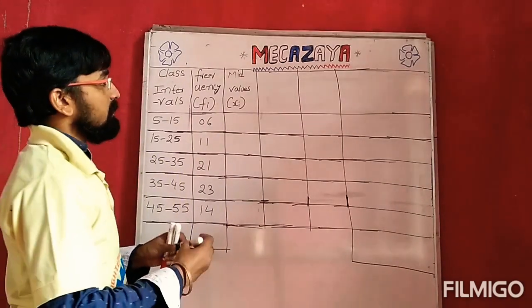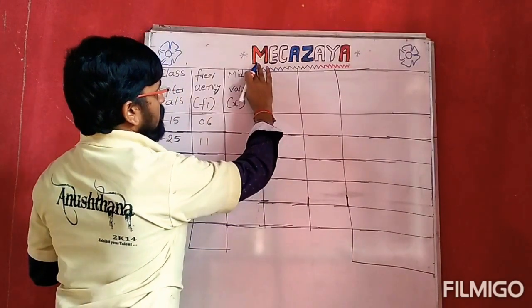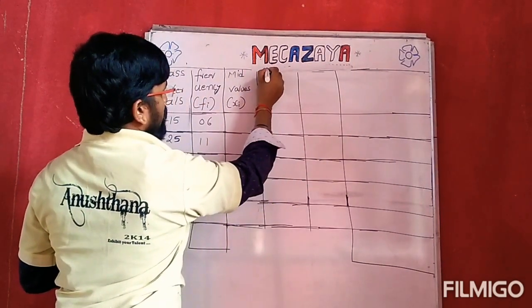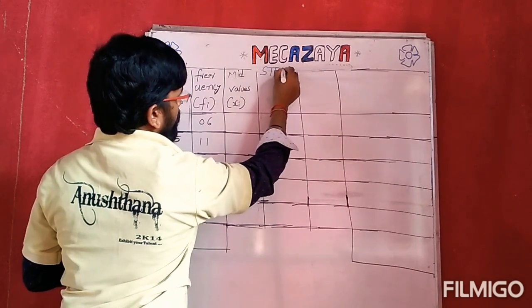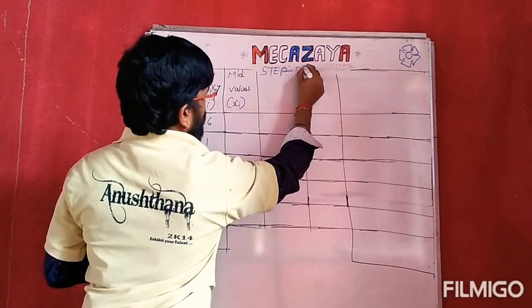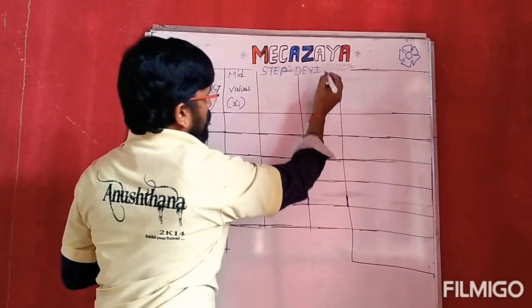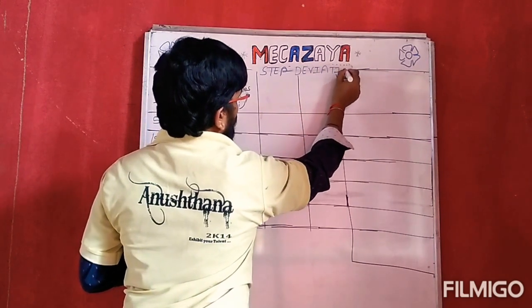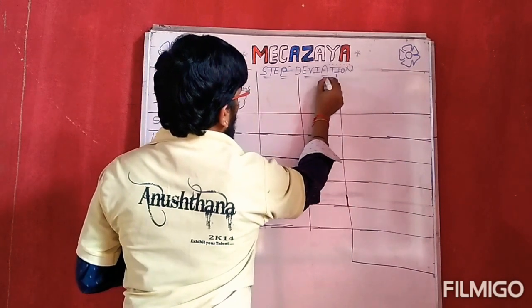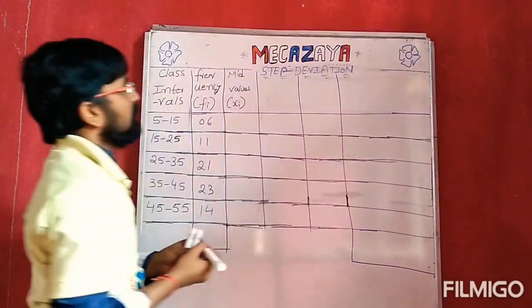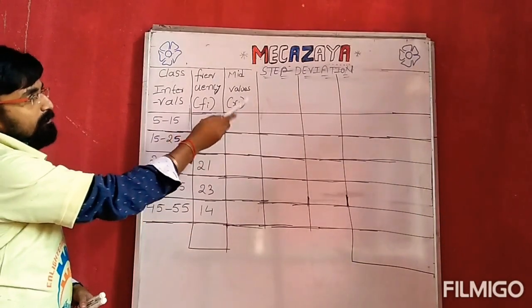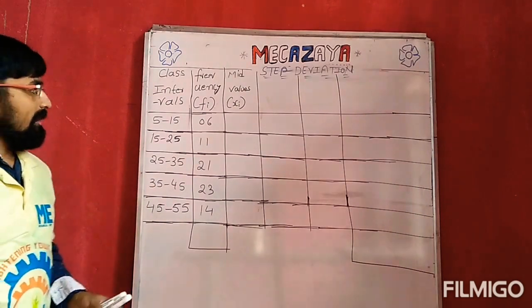Now we are going with the step deviation method. It's a very easy method.